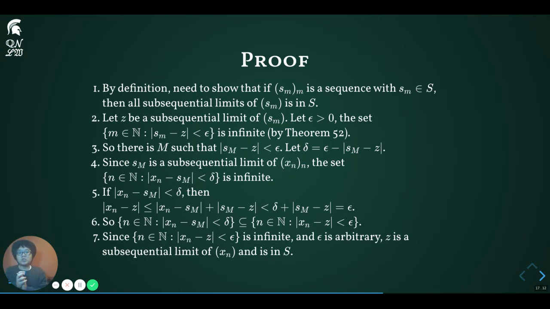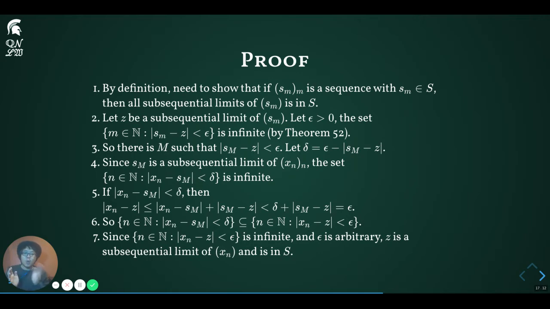For the former, it is strictly less than delta, provided the index small n is one among those whose terms are within delta of s sub m. Since delta is chosen to be epsilon minus the distance from s sub m to z, we see finally that by this computation, the distance from x sub n to z is less than epsilon.